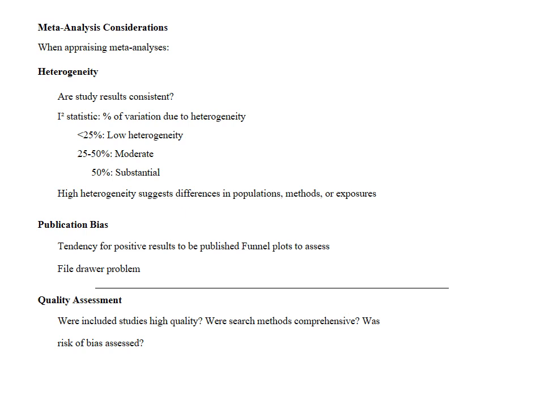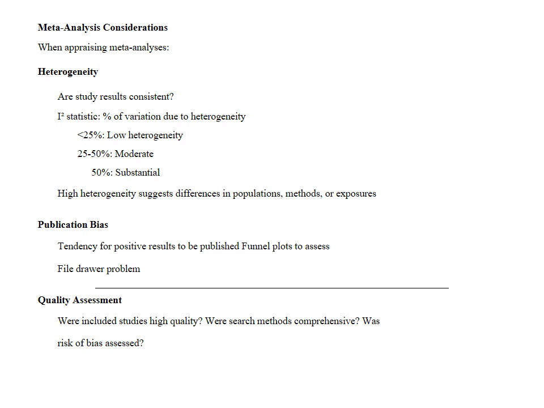Now for meta-analysis considerations, when appraising a meta-analysis: heterogeneity, are the study results consistent? To calculate the heterogeneity, if it is less than 25% it is low heterogeneity, 25 to 50% moderate, and above 50% is substantial.